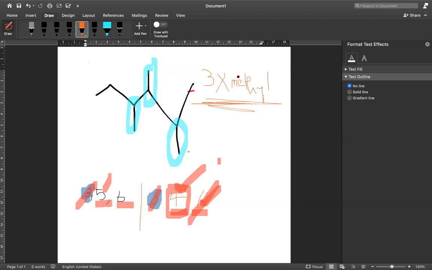In chemistry, instead of us saying 3 times, it is supposed to be 2, 3, 4, tri. But in mathematics, representations like this, we don't say tri, we just say 3 times methyl.